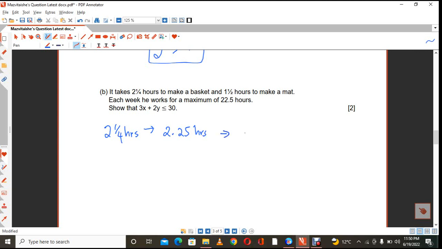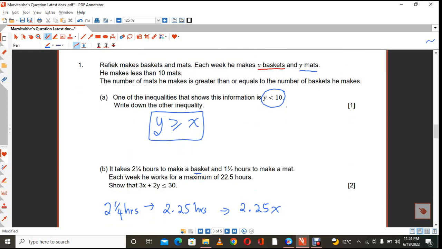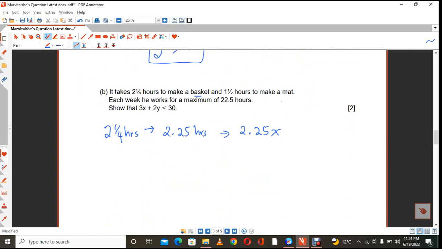I know that this is to make a basket, and I said basket should be represented by an X. And then the mats is 1½ hours, which is 1.5 hours as a decimal, and that means 1.5y.